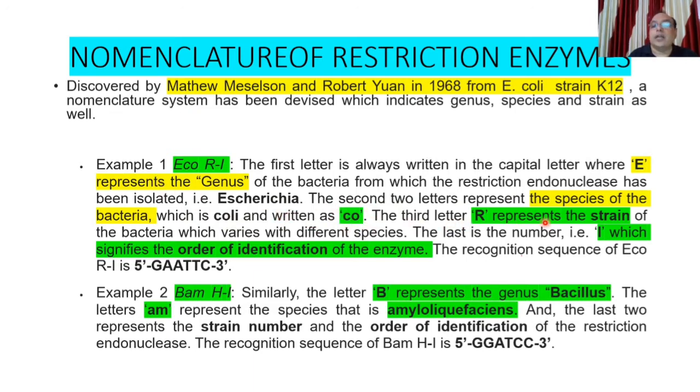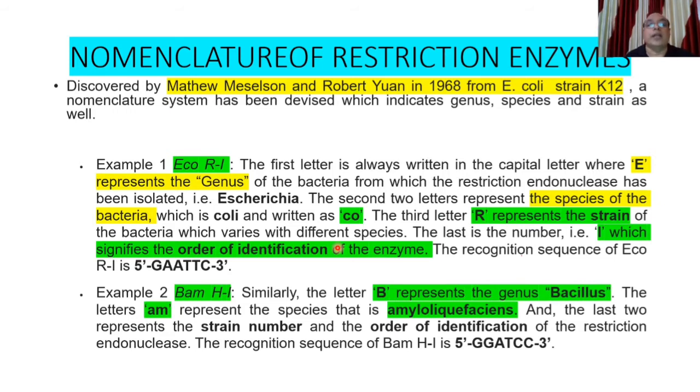The third letter R represents the strain of the bacteria, which varies with different species. So the third letter is the strain, and the last is the number, that is 1, 2, 3, 4, which signifies the order of identification. If this enzyme has been identified first, the last letter will be 1.